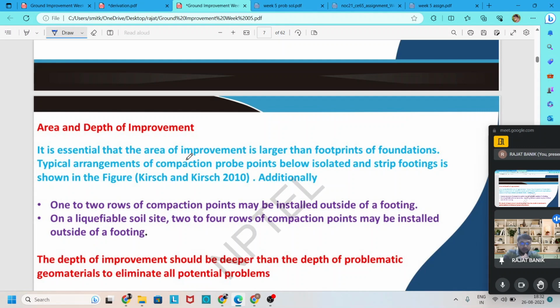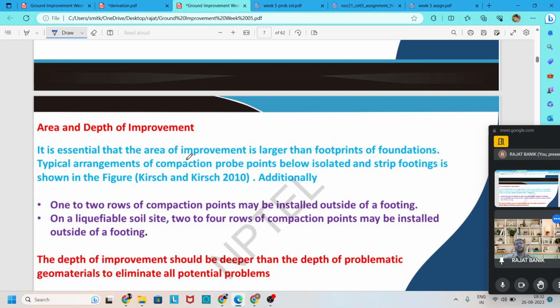That means the load distribution area is greater than the footing area. That's why the surrounding soil of the footing also needs to be improved. And if liquefaction is possible, 2 to 4 rows may be compacted this way also.